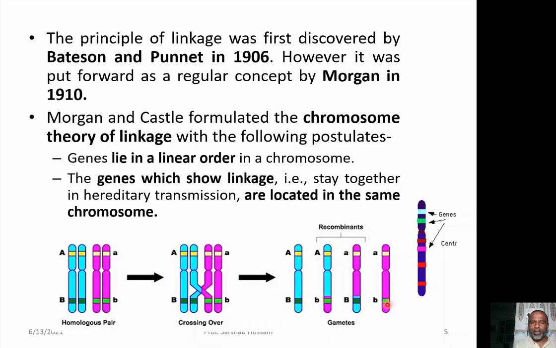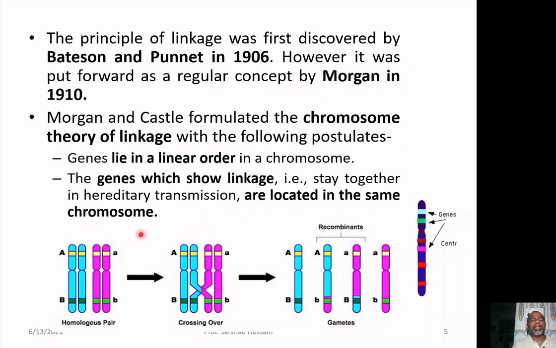If they stay together, they can be called linked genes. Wherever this chromosome moves, both these genes will go to the same location. So, genes which show linkage, that is, stay together in hereditary transmission, are located on the same chromosome.